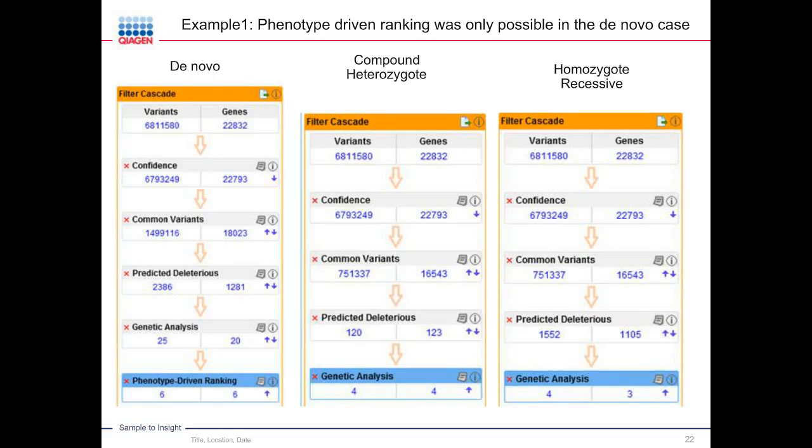You can lock down the complete workflow, not only the variant calling, but also the filter cascade and variant analysis, and then you can run it with exactly the same parameter settings for the rest of the samples, or for the rest of the families.